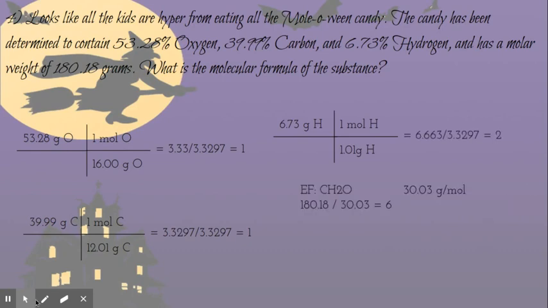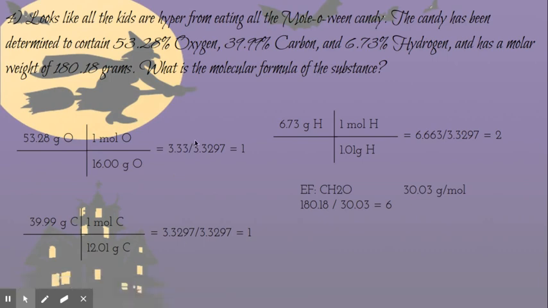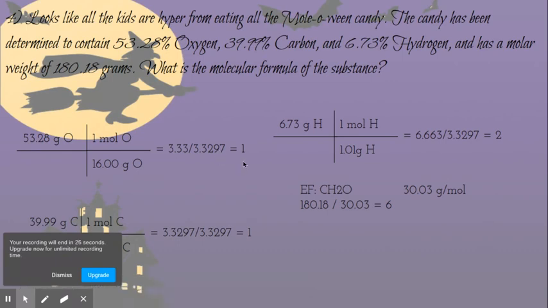And then you do that for each individual substance. And then, what I did over here is you then divide each piece by the smallest number you had total. And I got 1 for O, 2 for hydrogen, 1 for carbon. That's your empirical formula.